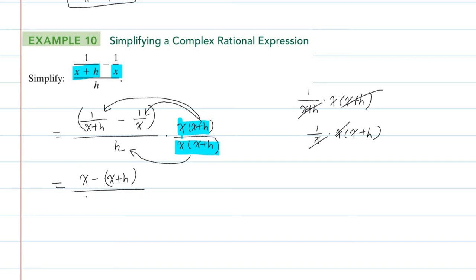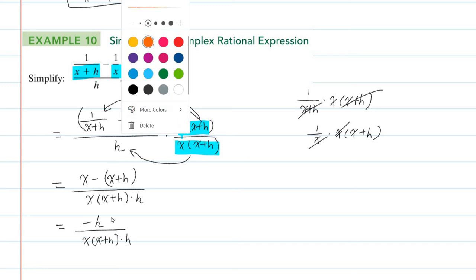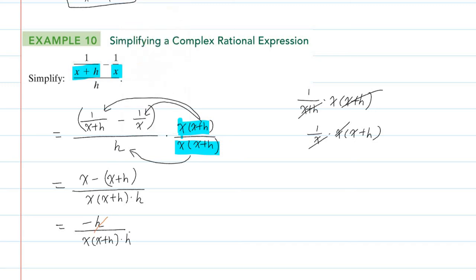And then for the denominator, we're going to have (x plus h) and multiply h. You just multiply them. The ones we have here, we realize x minus x is just going to be 0. Then we're going to have negative h in the numerator, and then x times (x plus h) times h in the denominator. Once you have this, you can cancel the h out.